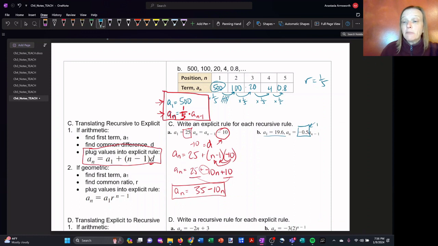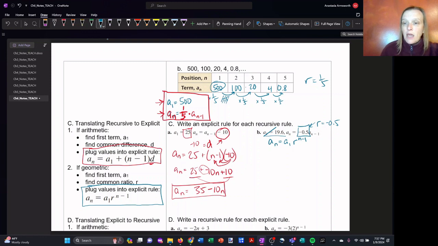This is my common ratio. My common ratio is negative 0.5. So I'm going to be sure that I use the explicit rule that applies to geometric sequences. I'm going to use that the nth term is the first term times r to the n minus 1.